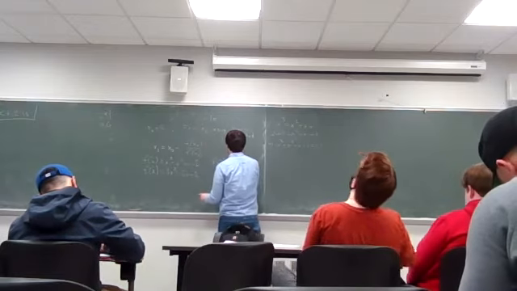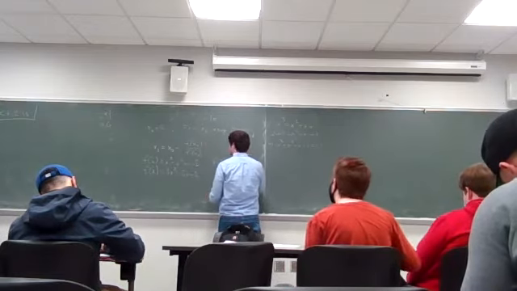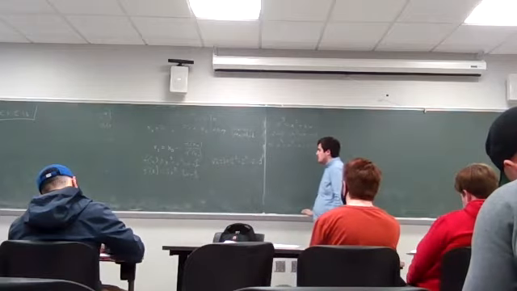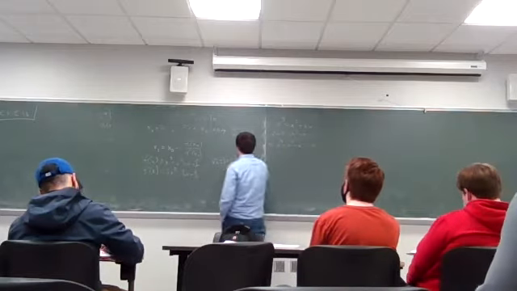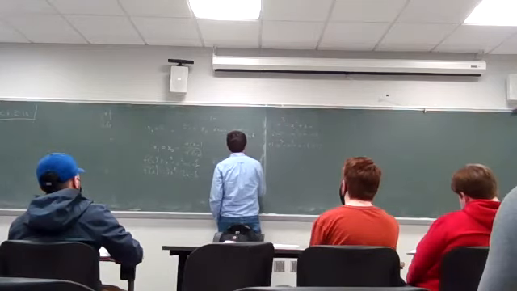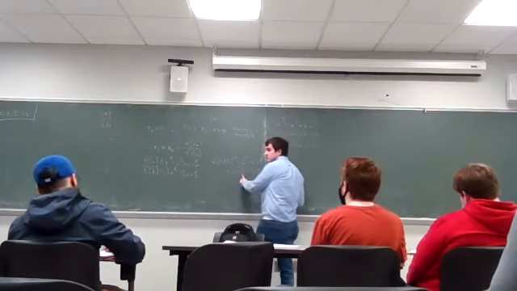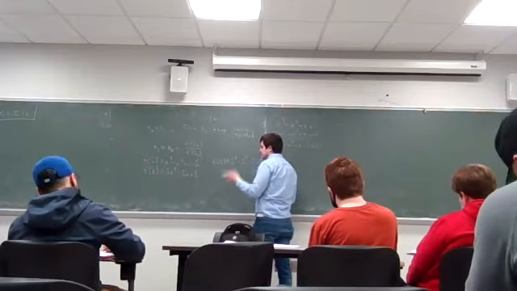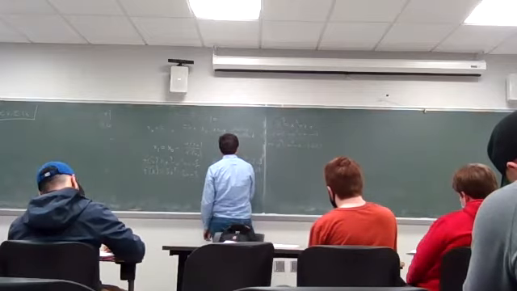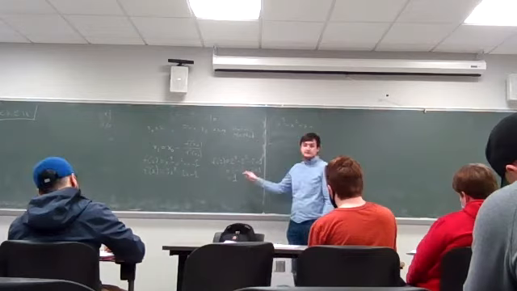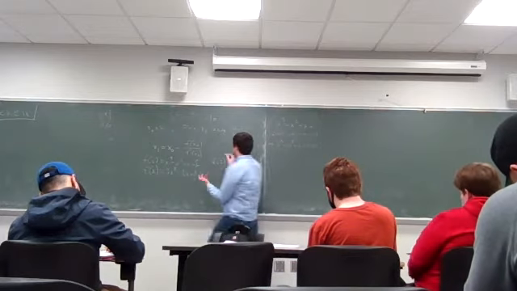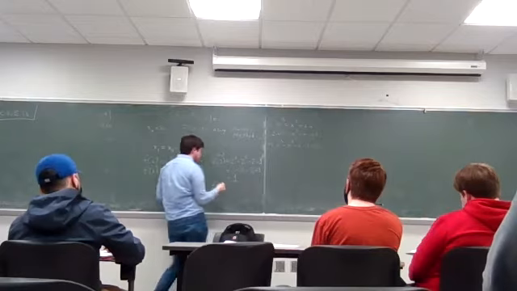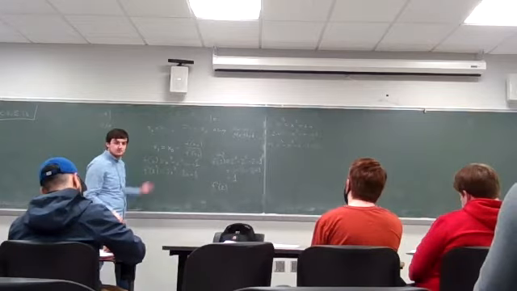So f of 2 is going to be 2 cubed minus 2 squared minus 2 minus 1. So we have 8 minus 4 minus 2 minus 1. 8 minus 4 is 4, 4 minus 2 is 2, 2 minus 1 is 1. Good? So f of 2, or f of x0, is 1. Now f prime of 2, or f prime of x0: again we just plug in.